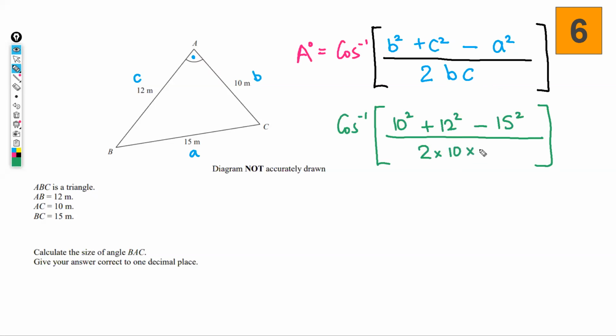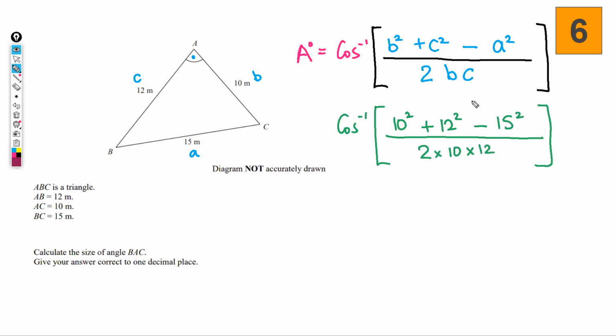Sorry, 10 and 12, my mistake. I said 15, my mistake. So what we want to do is work out the top here separately. So let's work out 10 squared plus 12 squared minus 15 squared.